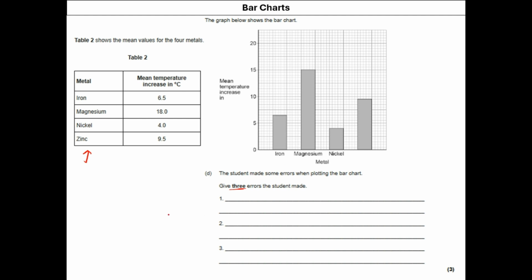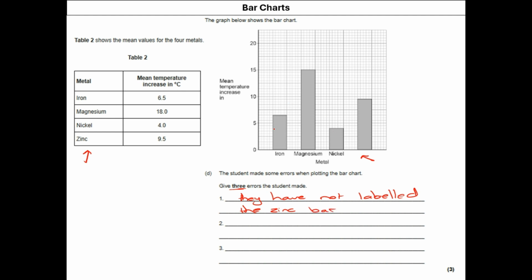So I just have to look for what's missing or what they've done wrong. Well, there you go. There's a label missing there. So they have not labeled the zinc bar.